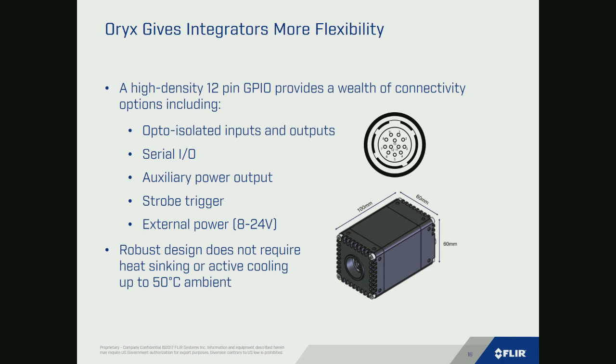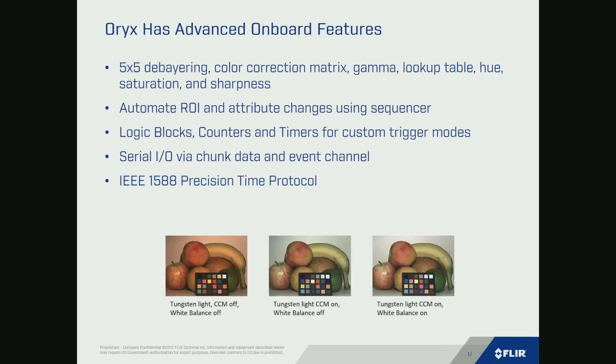We also spent a lot of time on the thermal design of Oryx to make it as robust as possible. It's designed and tested to operate at 50 degrees C ambient with no heat sinking, no active cooling, no moving air, no lens, no camera mount, just sitting there. It'll run 24/7 continuously, so it's a really robust, industry-ready solution.